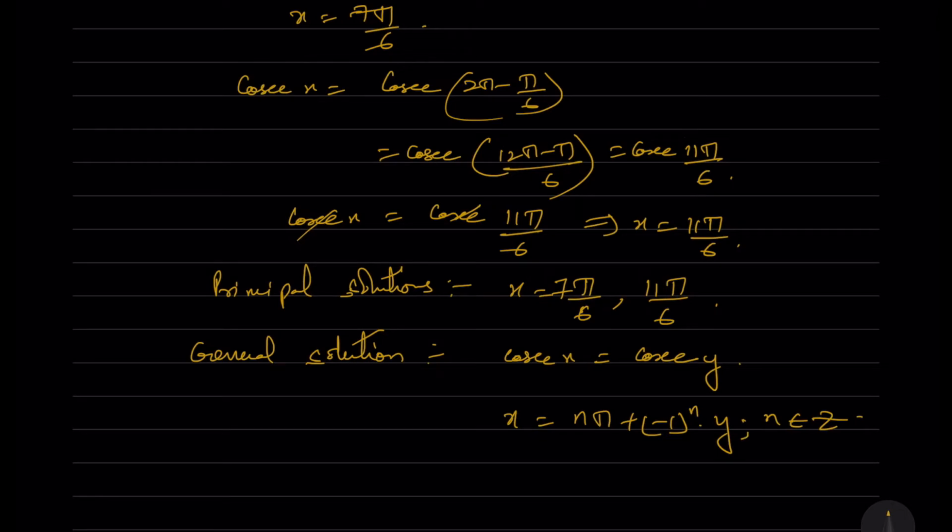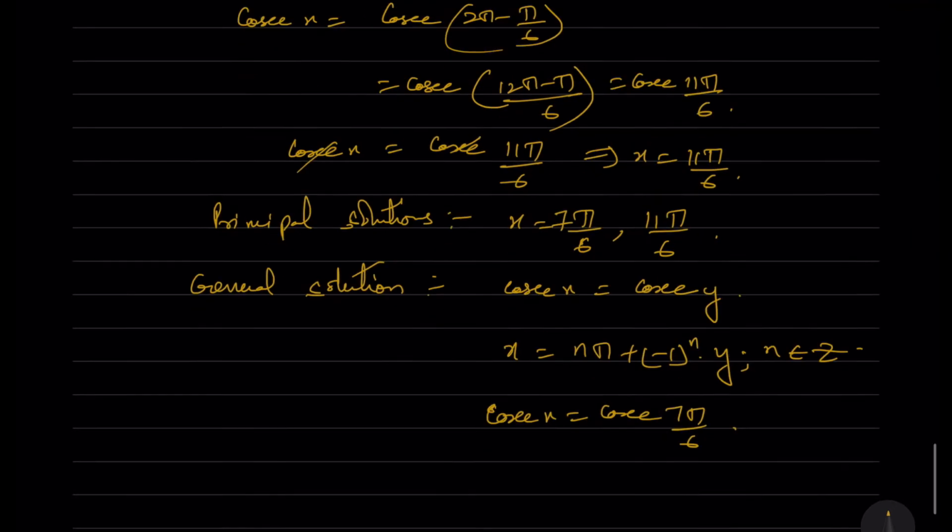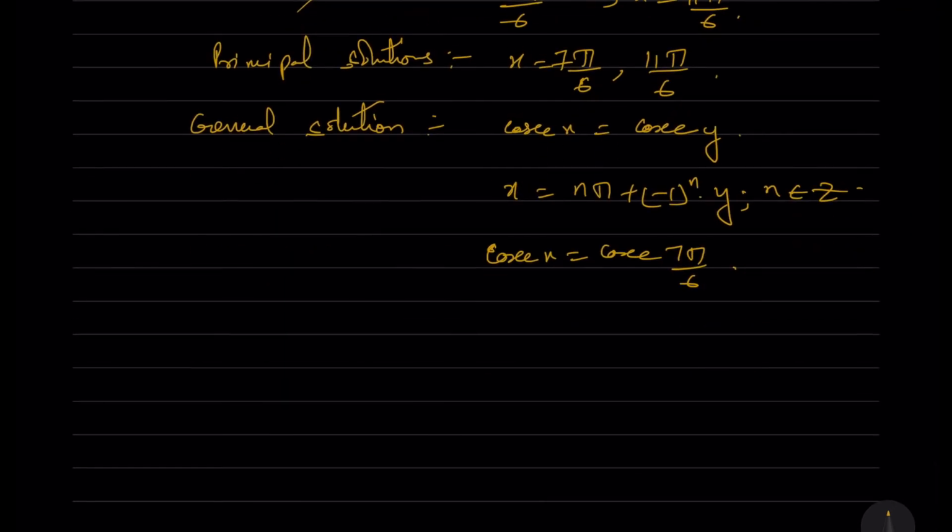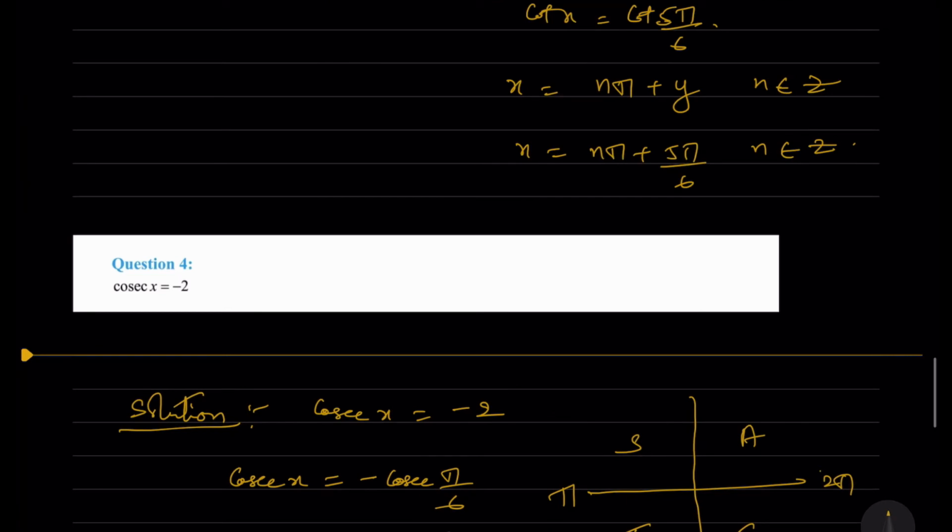So since our y over here, cosecant of x is equal to cosecant of 7 pi by 6, y is equal to 7 pi by 6, x is equal to n pi plus minus 1 to the power of n into 7 pi by 6. So this is the general solution which we are having for the fourth problem.